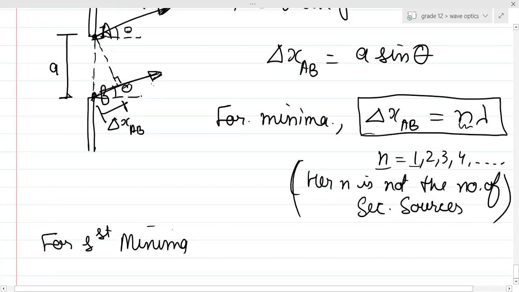this n value is equal to 1. This is the school derivation I'm giving, okay? In school they have given it just like this. So for n equals to 1, I'll write delta x AB will be equal to what? Lambda. Right? Delta x AB will be equal to lambda, so I can write it like this.